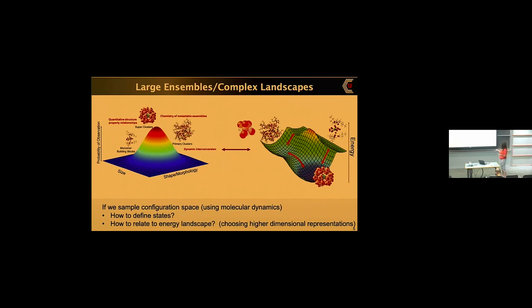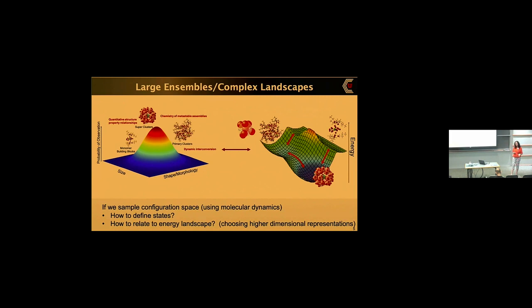And they're interconverting based upon the barriers and relative locations of the minima on the underlying potential energy or free energy surface. And so the question becomes, when we do these atomistic simulations, how do we define the individual states of these very complex architectures, and how do we relate them to the energy landscape?